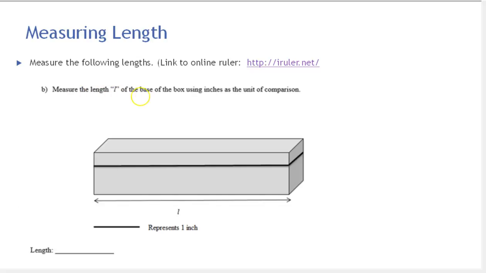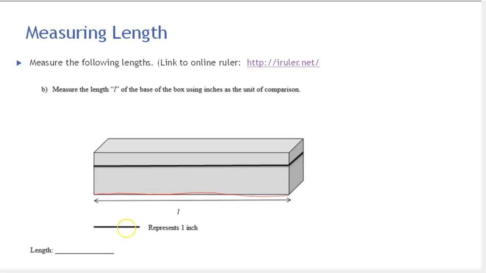Measure the length L of the base of the box using inches as a unit of comparison. So here's our box, which is a 3-dimensional object, but 3-dimensional objects have 1-dimensional measures as well, and this is an example. We're measuring this length, which is the length of this arrow.